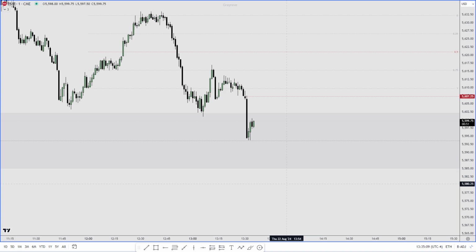Right, so if we are to reverse here, I wouldn't mind going long. But that is if, right? If we are to reverse. And I don't like this. I want one more hunt, like what it did right here.